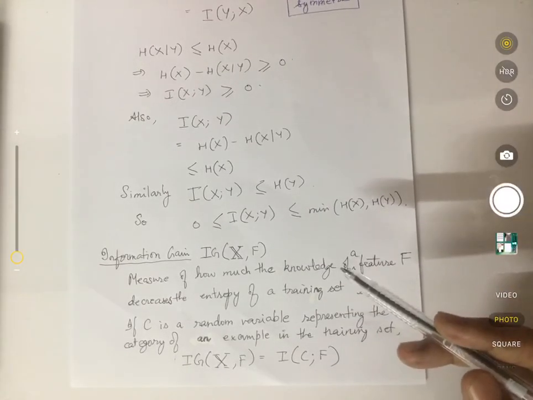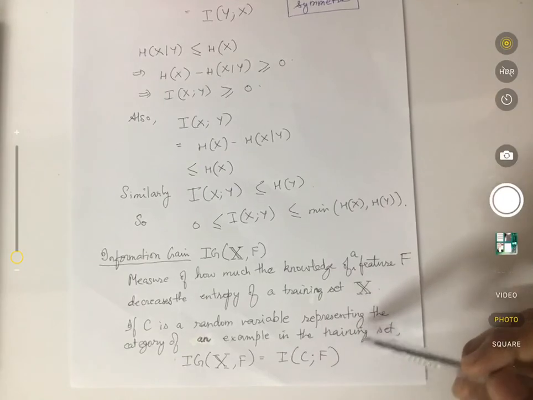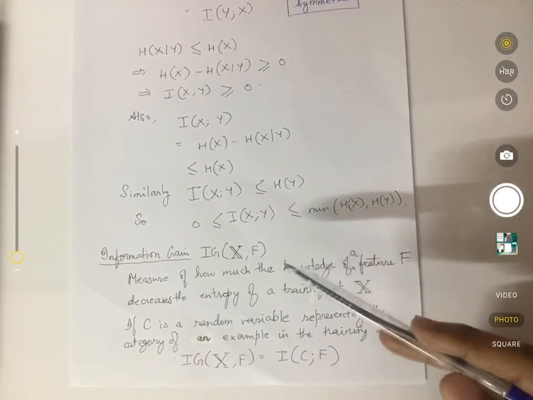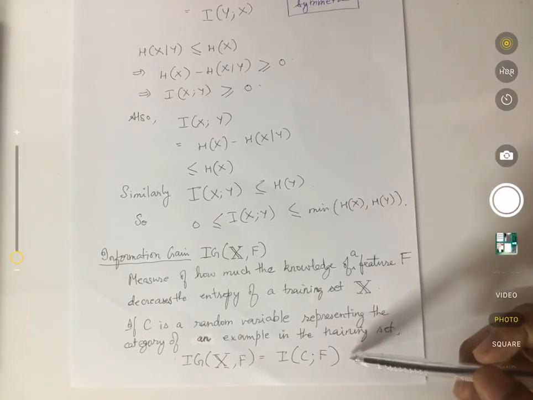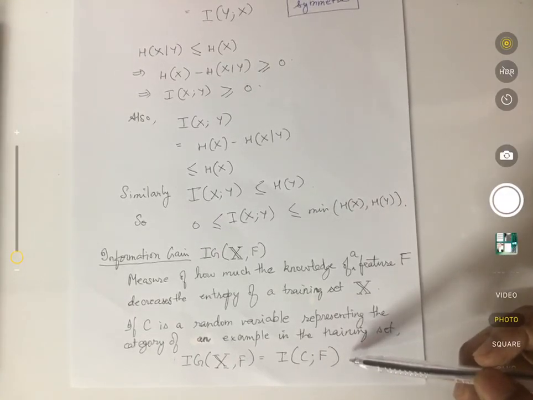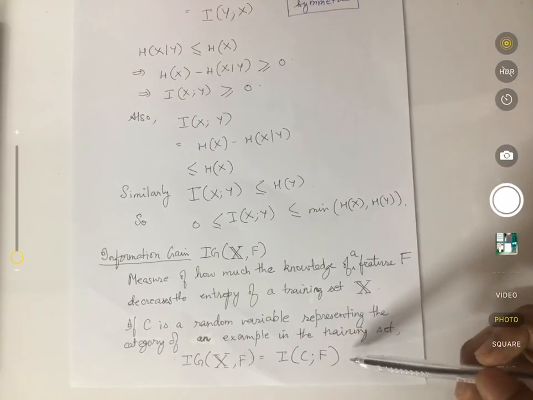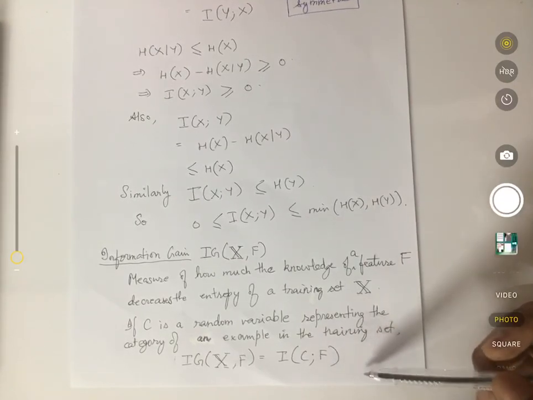But here, especially in the case of decision trees, the information gain is actually the same as the mutual information. Okay. So the mutual information is a good quantity to use if you want to find out relevant features.